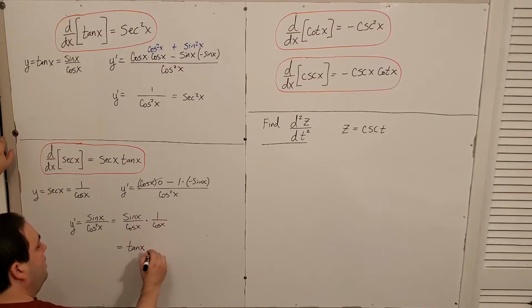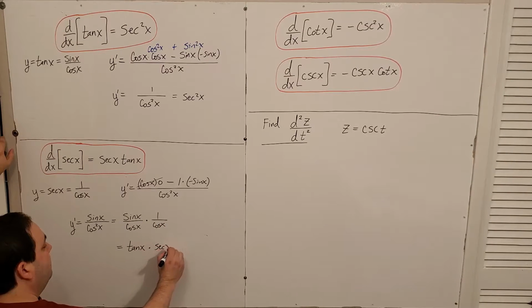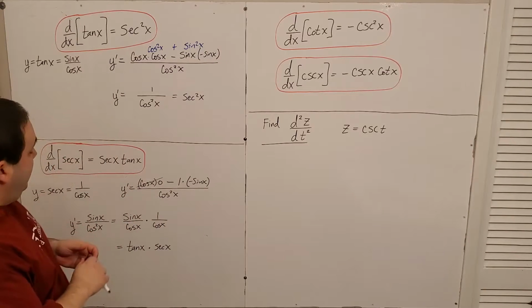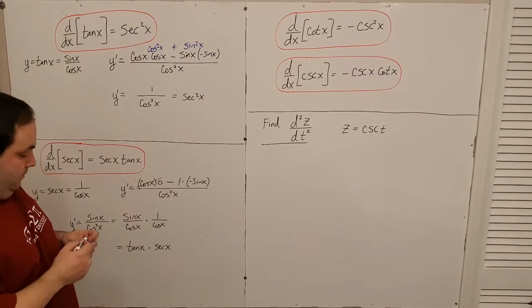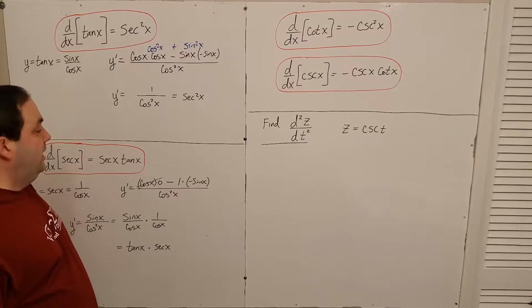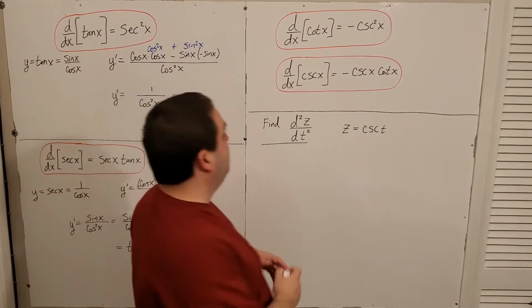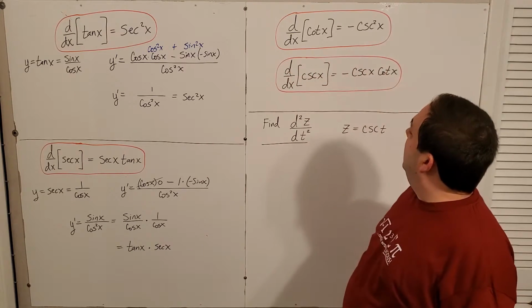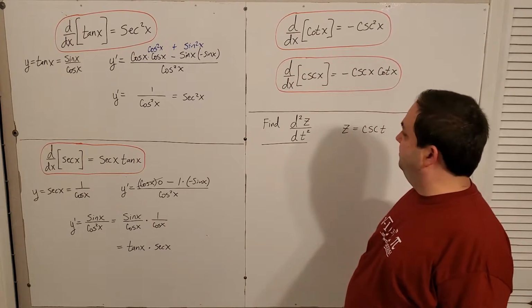And 1 over cosine is secant. So just as before, the derivative of secant is secant tangent, or secant x times tangent x. Okay? And again, very similar, you can do a derivative of cosecant and get negative cosecant times cotangent.